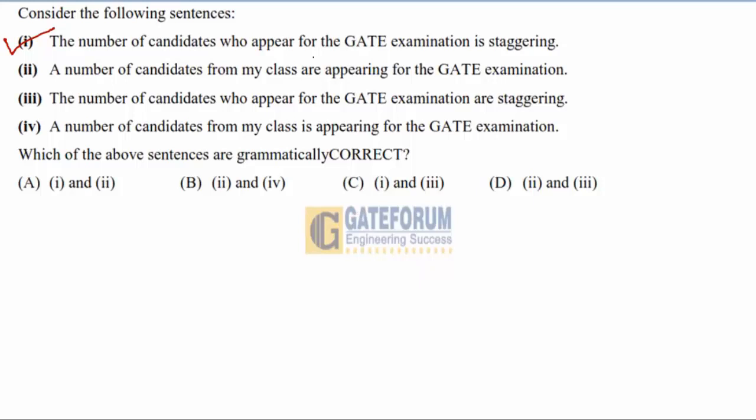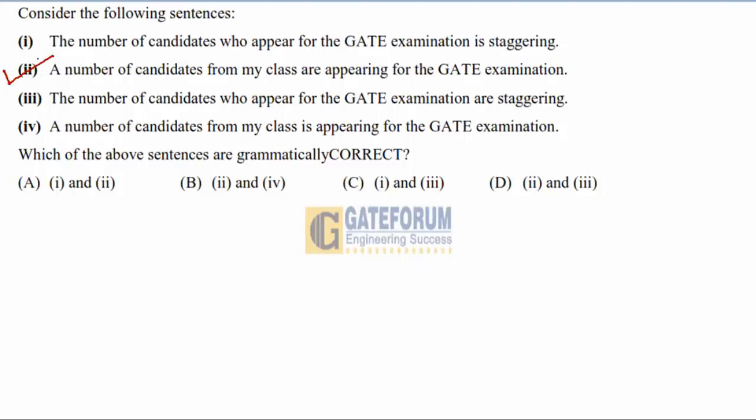No, wait, just a second. They have asked you which are grammatically correct. No, no, my apologies. The number of candidates who appear for the GATE examination is staggering. Let us check these. A number of candidates from my class are appearing for the GATE examination. This is absolutely correct.